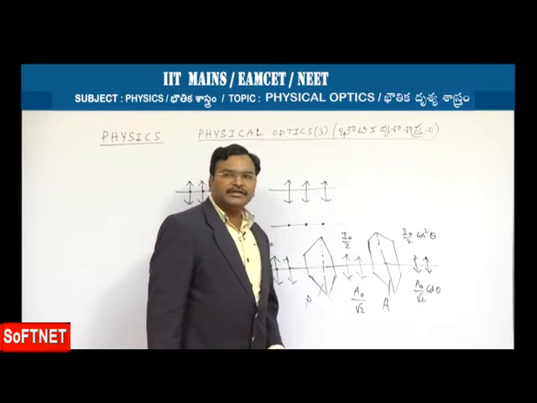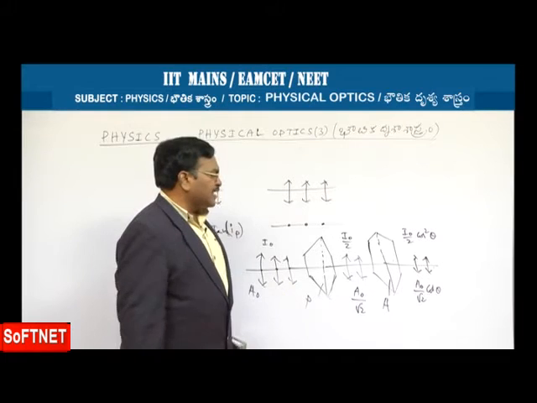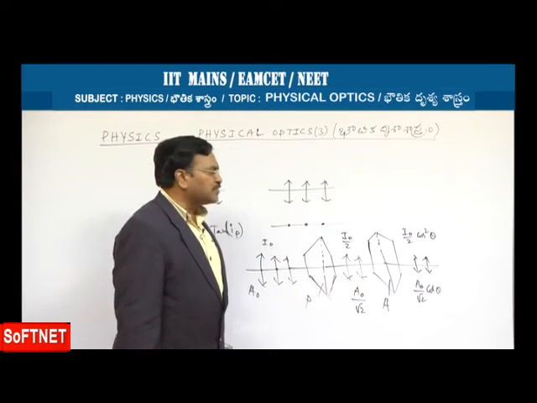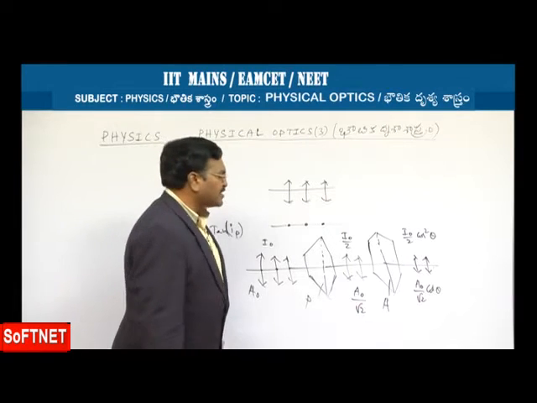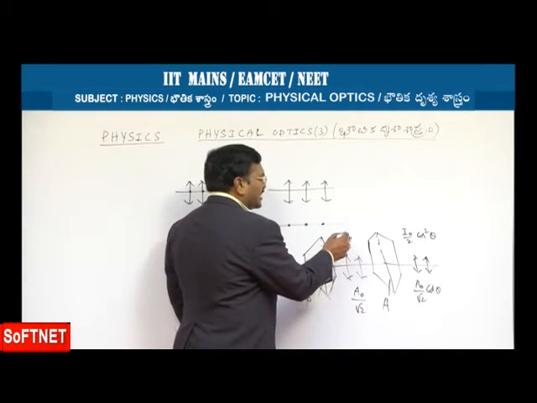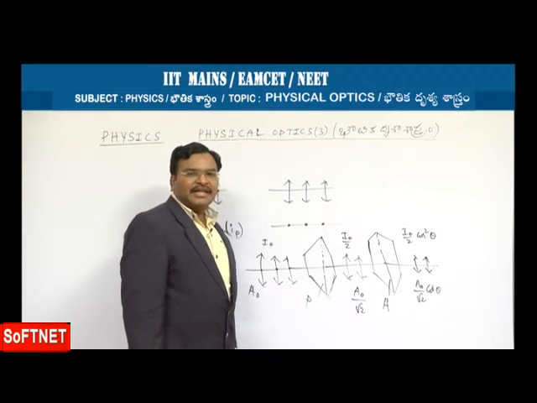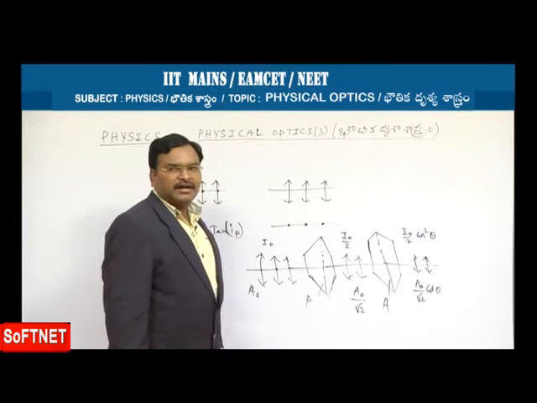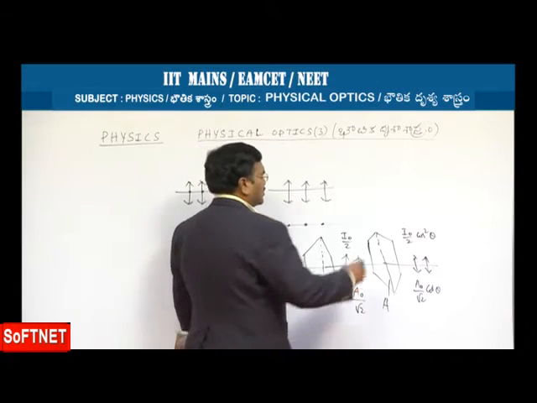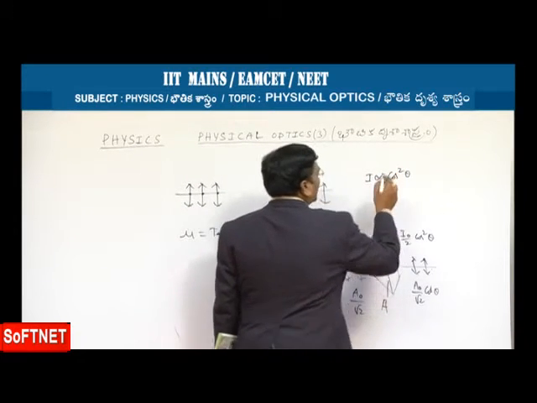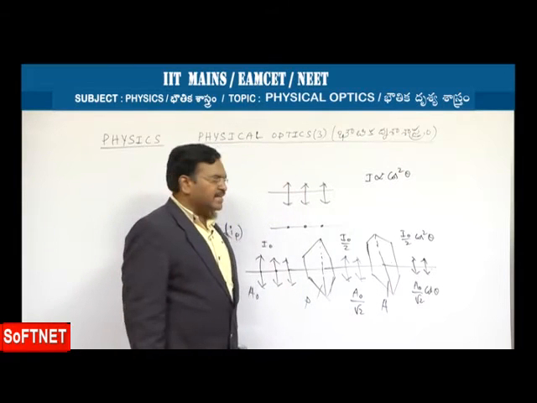At that time, according to Malus law, the intensity through the analyzer is directly proportional to cos square theta. Theta is the angle between the transmission axis of polarizer and analyzer.